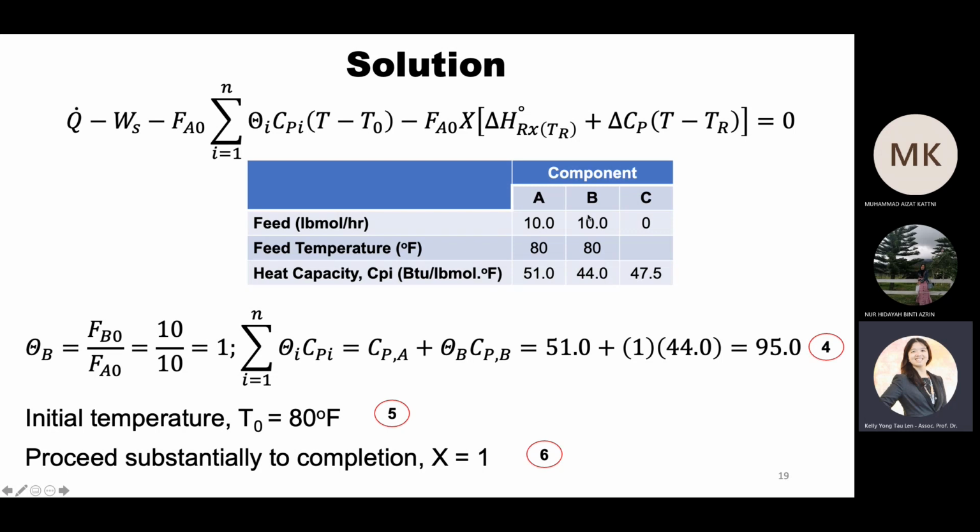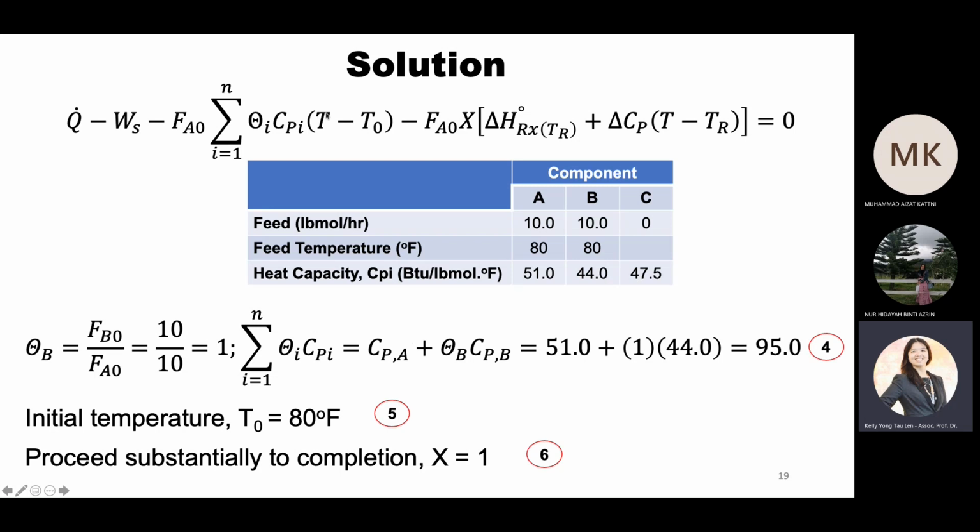So this can be used to calculate theta B. So theta B 10 divided by 10 is 1. So you will replace CPA 51, theta B 1, CPB 44. So you will get summation theta I CPI as 95. So done. Okay, next one kita tengok kat belakang.